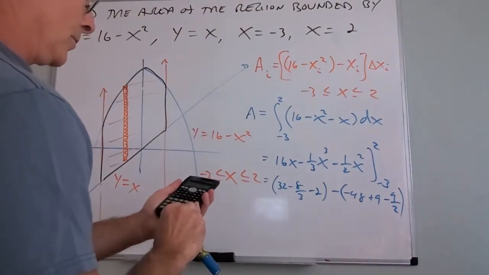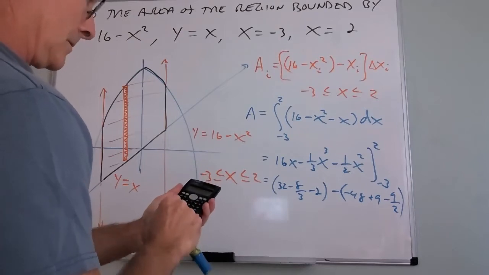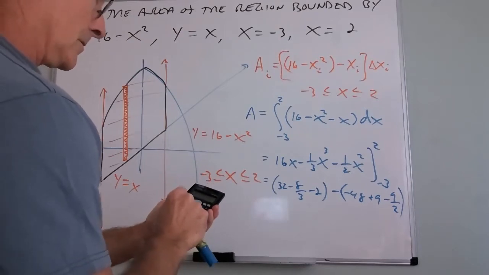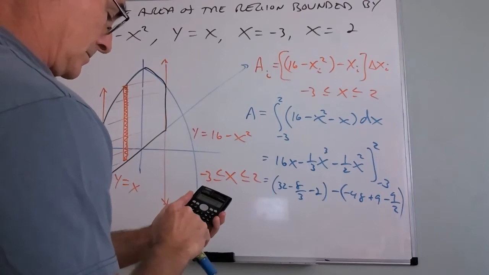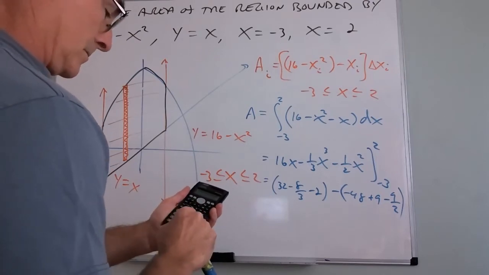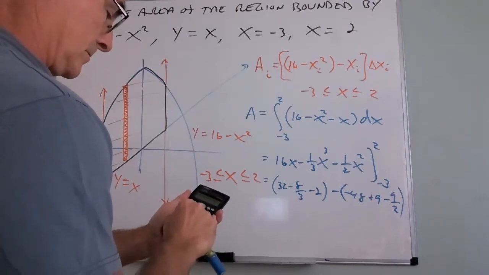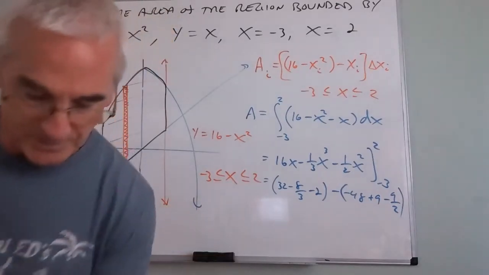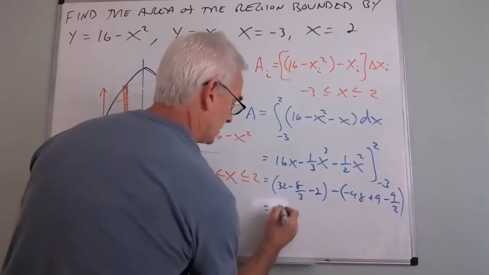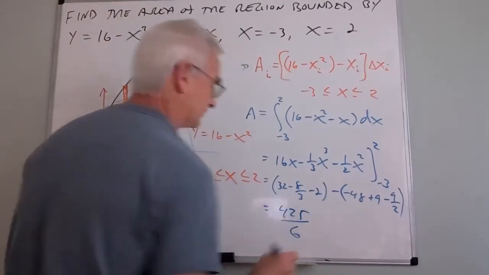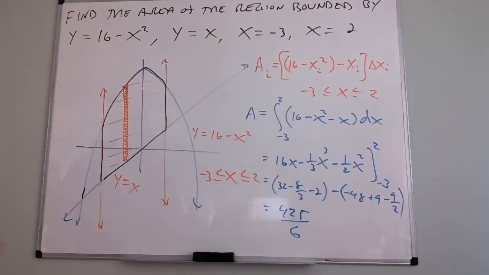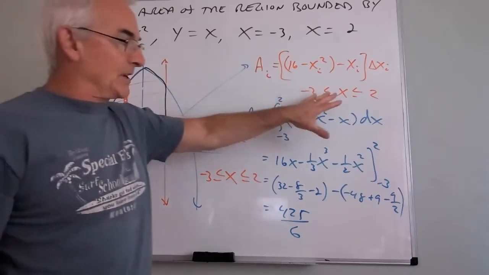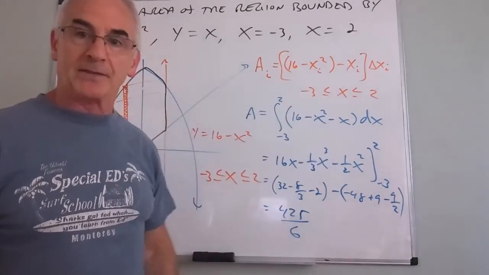So 32 and my handy dandy calculator says the answer is 425/6.